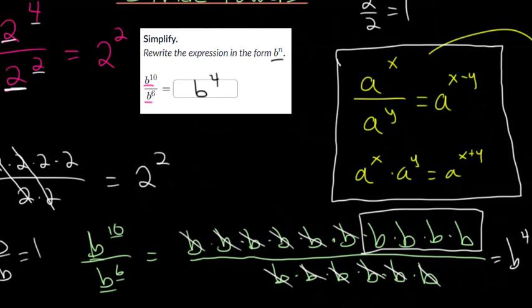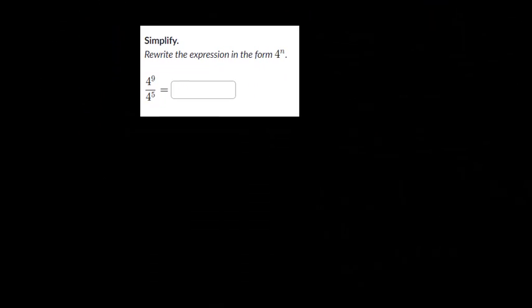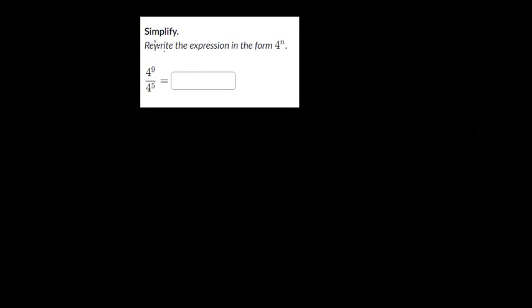So let's look at some more examples, just to get a little bit more practice. So we have 4 to the 9th, and we're going to divide it by 4 to the 5th power. So rewriting that, 4 to the 9th divided by 4 to the 5th. So up top, you're going to have 9 of these 4s multiplied together. And down below, you're going to have 5 of these 4s multiplied together. So let me write that out really quickly.